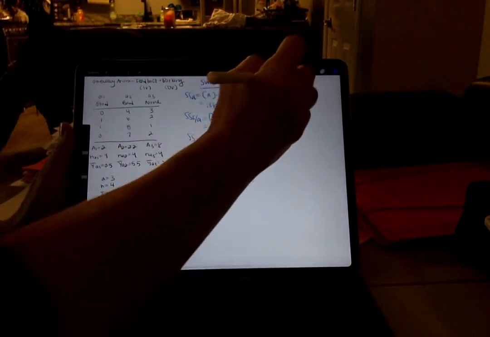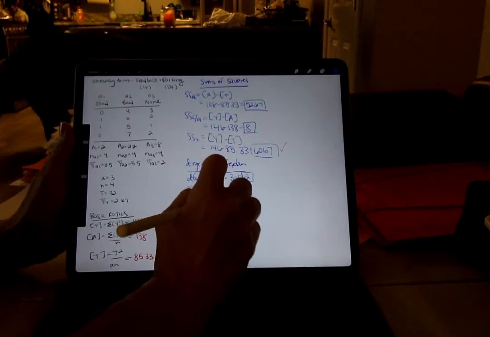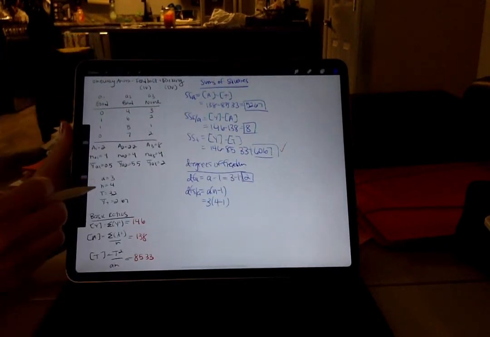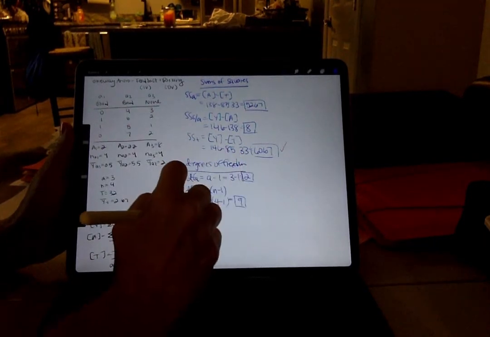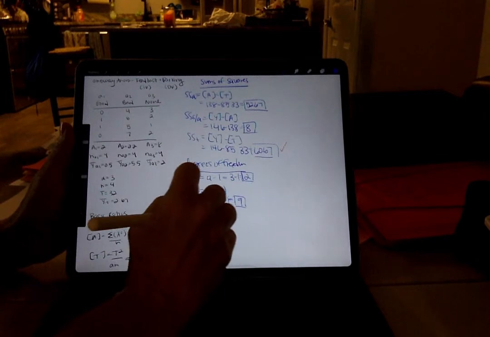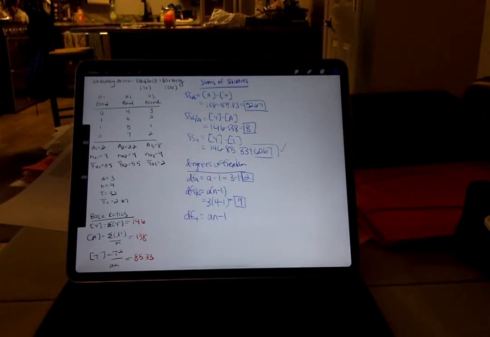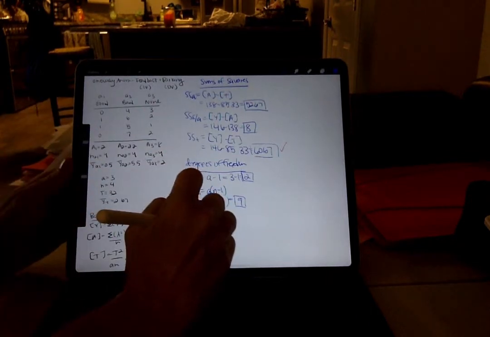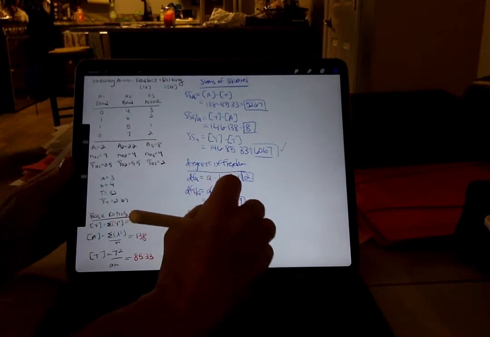Our little a is 3, our little n is 4, so 3 times 4 minus 1 is 3 times 3, which is 9. And last, we have our degrees of freedom T, and the formula for that is little a times little n, no parentheses, minus 1. So we have 3 times 4 minus 1, which is 11.